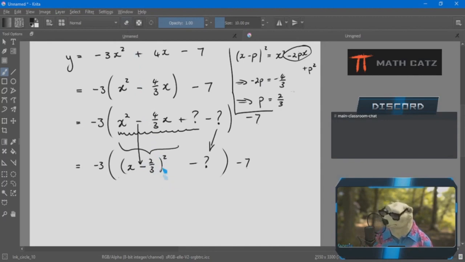2/3, which then makes the question mark value, erase, 2/3 squared. And that makes the other question mark, erase, the same, 2/3 squared, which makes this question mark, of course, the same.